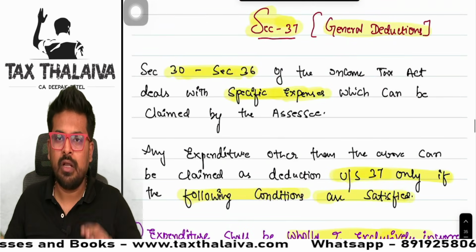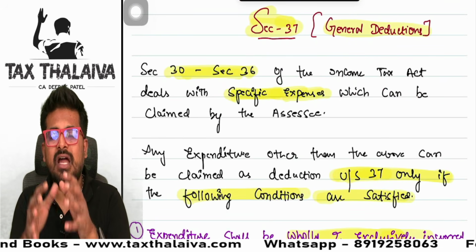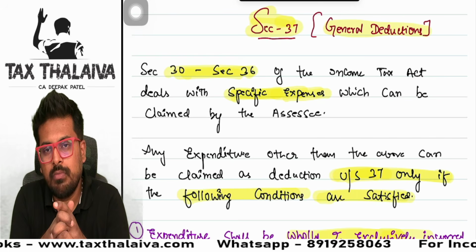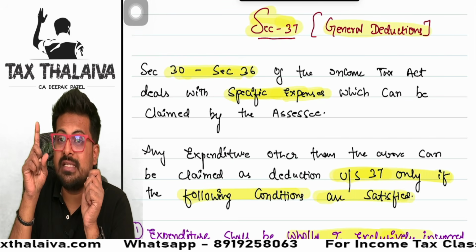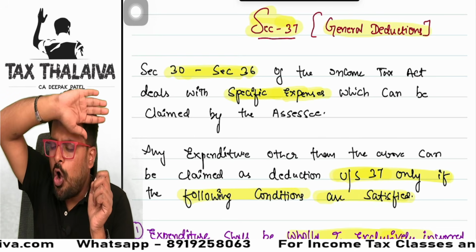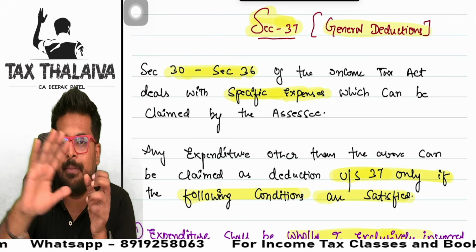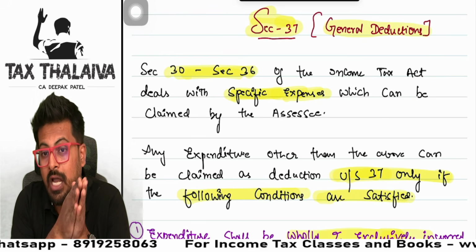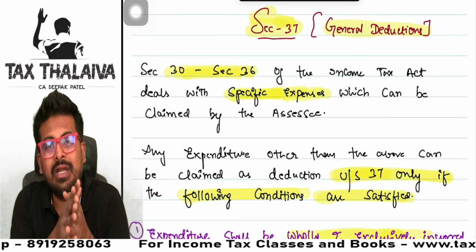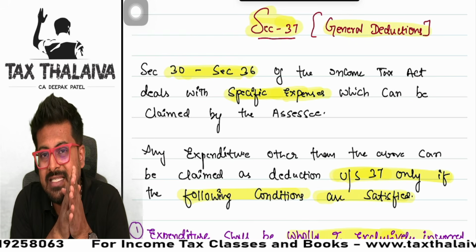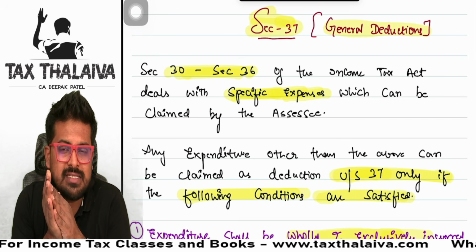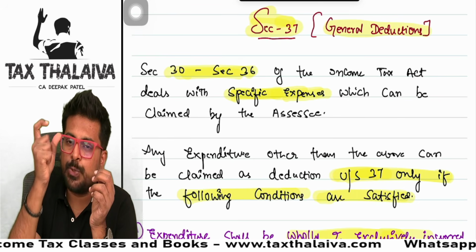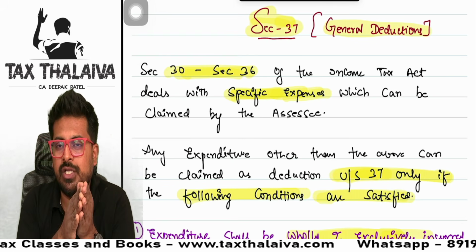Remember guys, when I started this chapter, I told you that from section 30 till section 37 we will be discussing all those expenses which we can claim as deduction. Now, we have discussed only till section 36. From section 30 till 36, every section has one specific nature of expenditure.